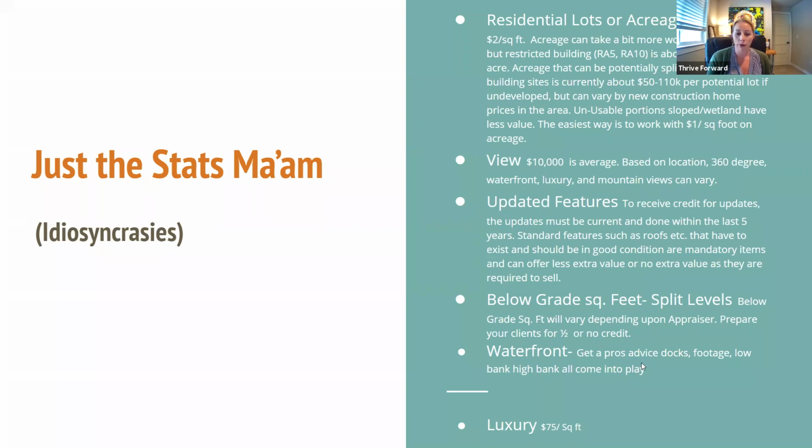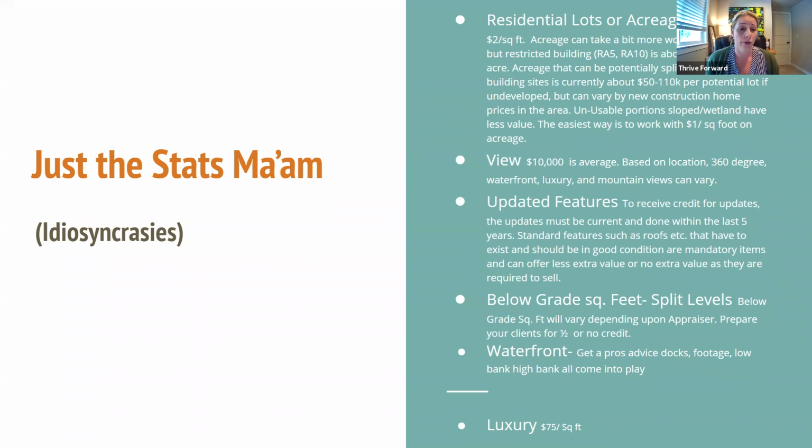Okay. So Waterfront, I'm just going to instruct everybody to get with a Waterfront Pro if that's the case. There are so many anomalies with Waterfront listings that you really want to hit somebody up in your office who's done Waterfront before, if it's lake or sound or something like that. Sometimes it's high bank footage where you're way above the water, and that's a different variable than low bank or no bank, meaning you could walk out of your house and walk into the lake.